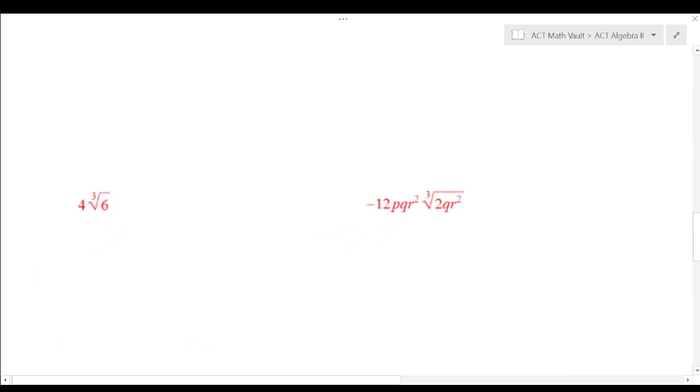All right, here they are. They look pretty similar to the other ones that we had. 4 cube root of 6, and then negative 12 pqr squared times the cube root of 2qr squared.